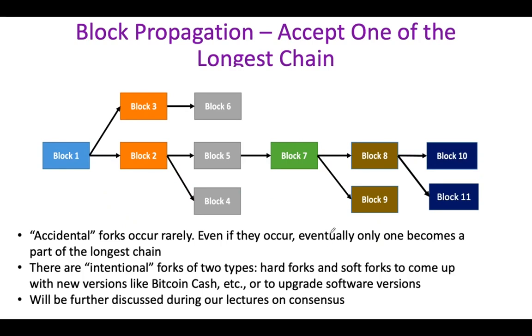So block propagation accepts one of the longest chains. Accidental forks can occur, but eventually only one becomes part of the longest chain.